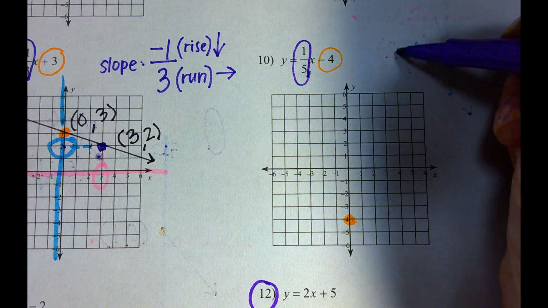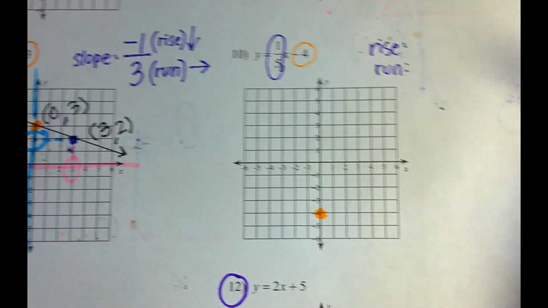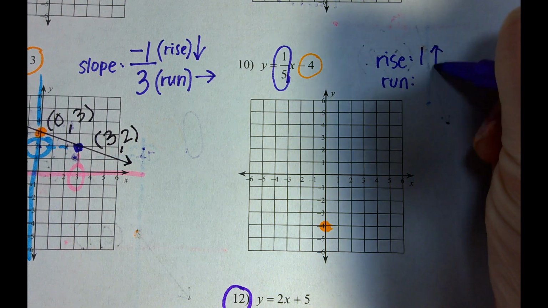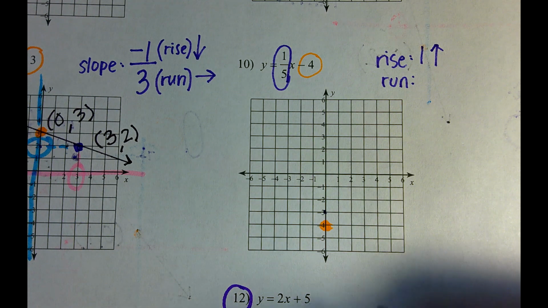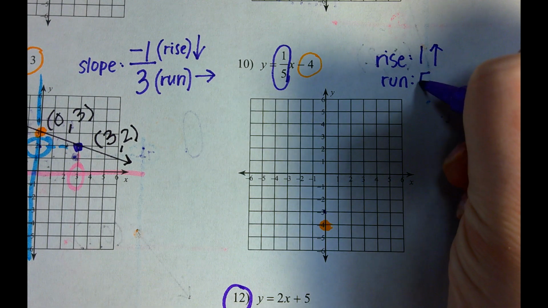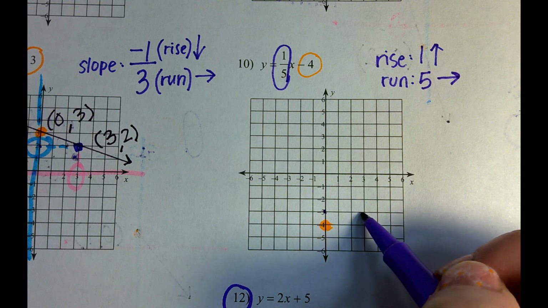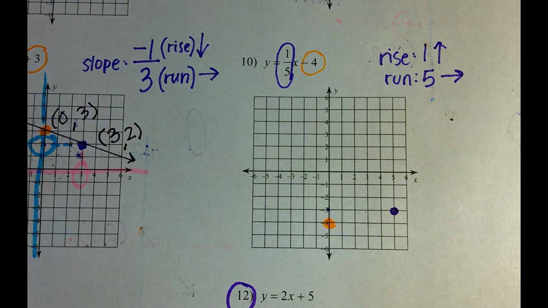Good. So what's my rise and what's my run? Your rise is to go up to -3. Good. Up 1, which lands me on -3. Right 5. And then my run is 5, so I go to the right. 1, 2, 3, 4, 5. Right here. Awesome.